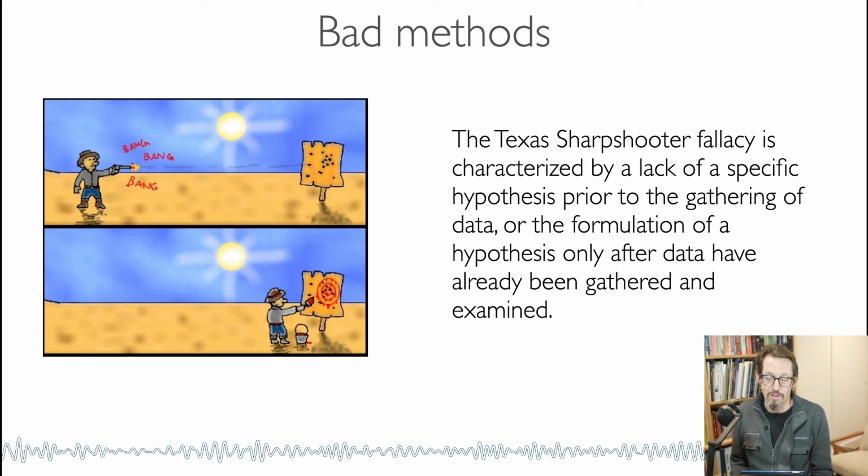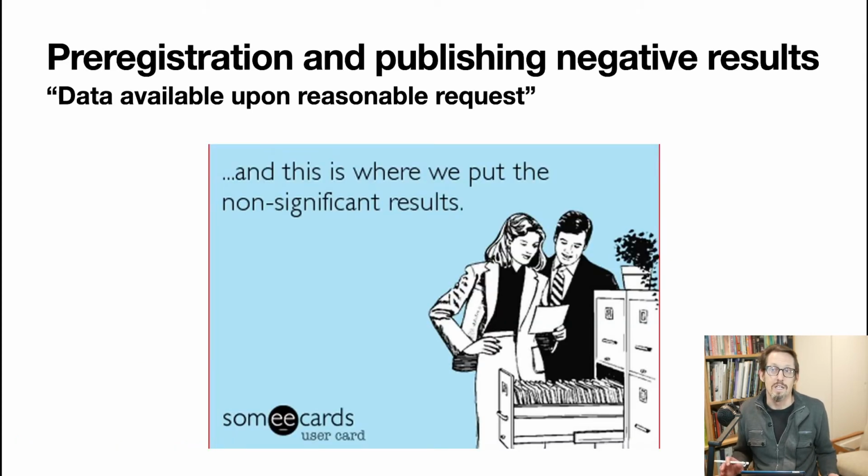HARK is the lovely acronym. So this kind of thing is very doubtful science, and it also makes for doubtful data science. So before you come in to do an analysis, you want to know what you expect to find, because you're setting up your analysis based upon your hypotheses.